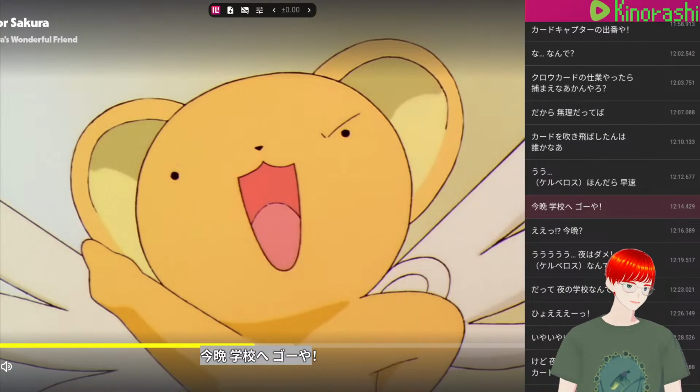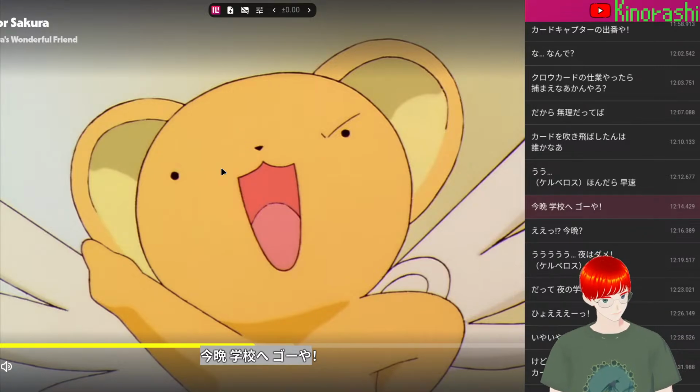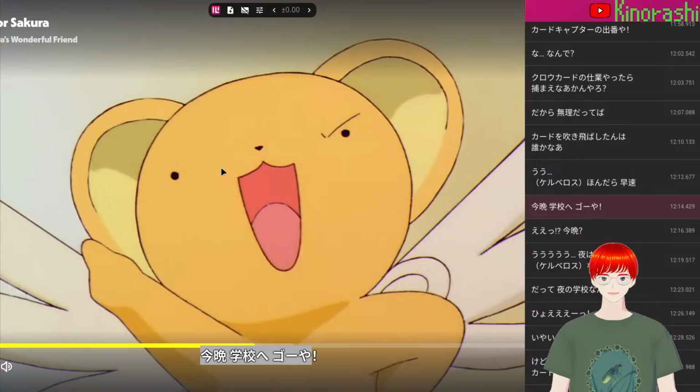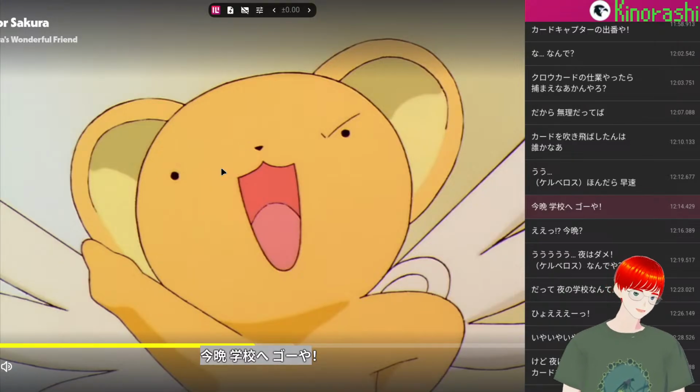Explain the grammar behind the word goya. The word goya is non-standard Japanese grammar. It appears to be an informal or slangy blend of the English go and the Japanese particle ya.